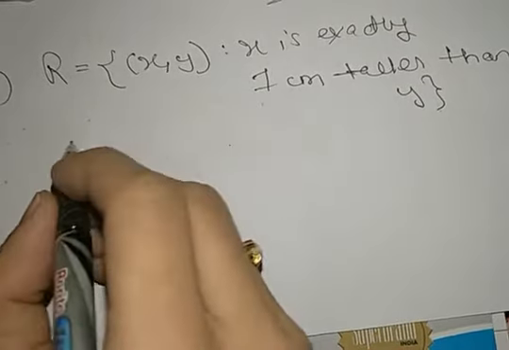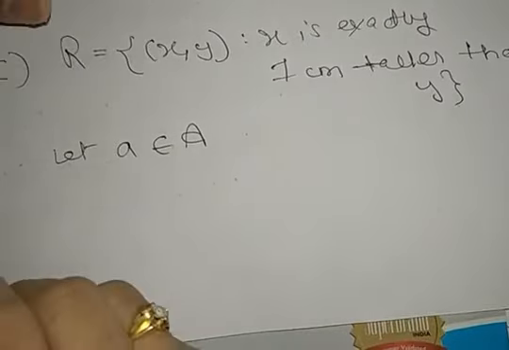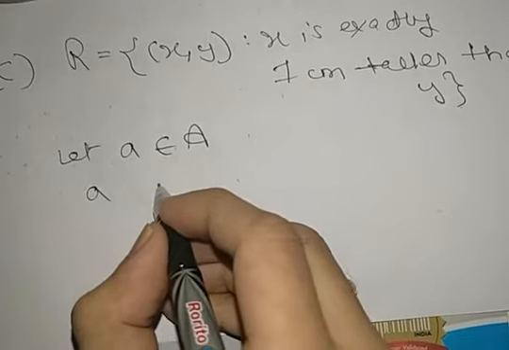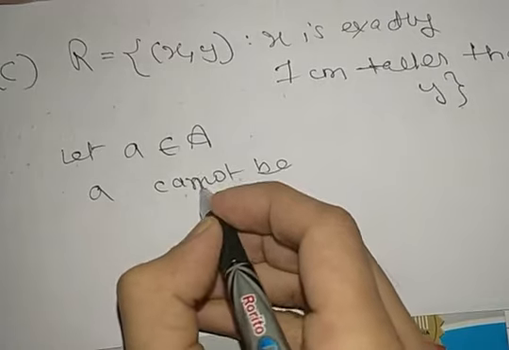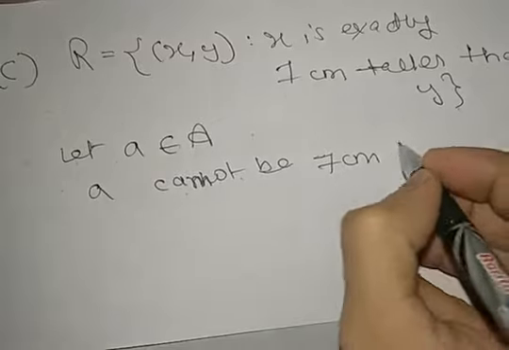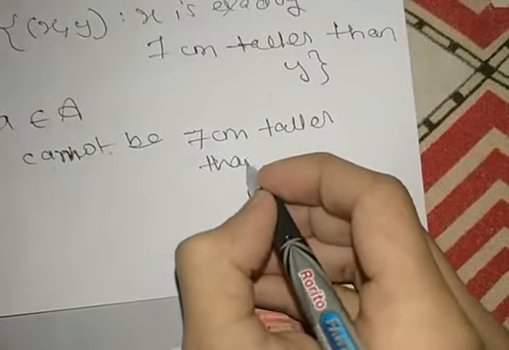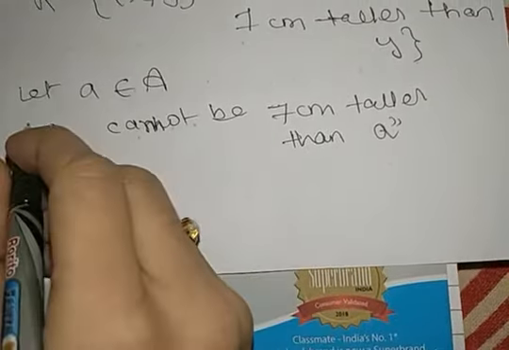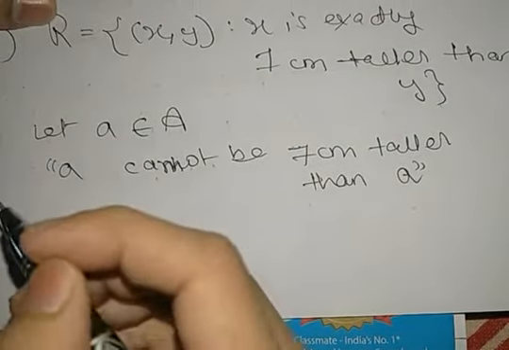Now you can see that if you take any element a in the set A, that is, a is a human being, then a cannot be 7 centimeter taller than a. a and a are the same person, so a cannot be 7 centimeter taller than a.